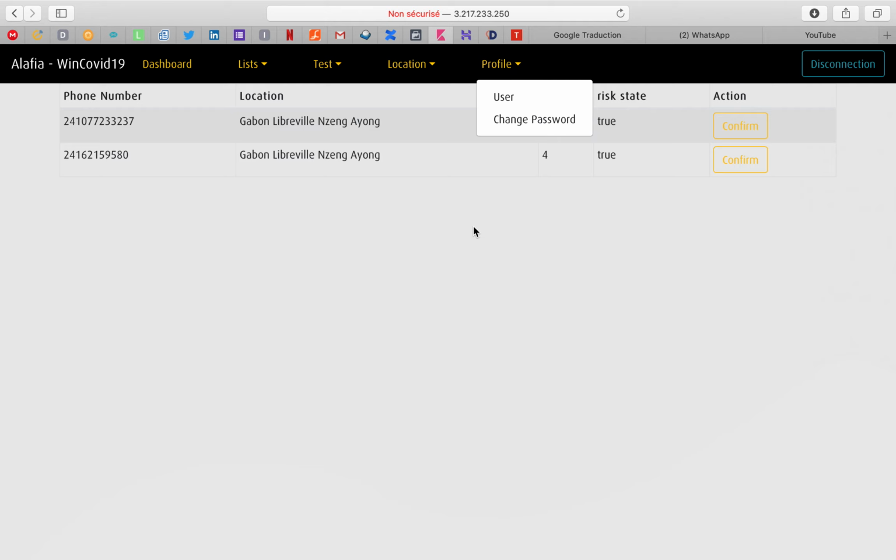is profile. The profile menu deals with data security and access according to users in the back office. You will agree with us that the access that the Ministry of Health could have, and which would allow it to have access to all the data of its country in real time, cannot be granted to a simple employee of this same ministry.